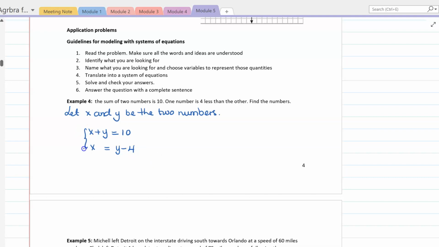Now we can solve the system of equations using substitution. I will substitute equation 2 into equation 1 to get y minus 4 plus y equals 10.